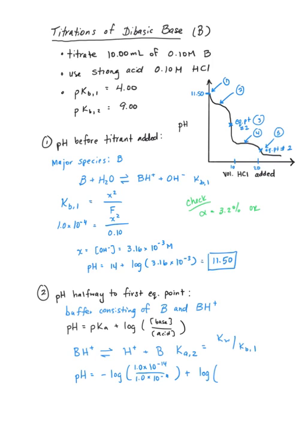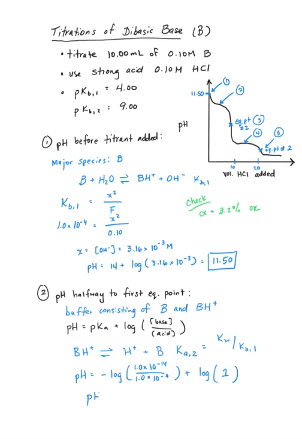Well, it turns out that we really don't need to. At the point that's halfway between our starting value and our first equivalence point, these two concentrations must be equal to each other. We have an equal number of moles of this thing reacted and this thing produced halfway between our starting value and first equivalence point. So whatever those values are, they're the same. So we'll just get the log of 1.